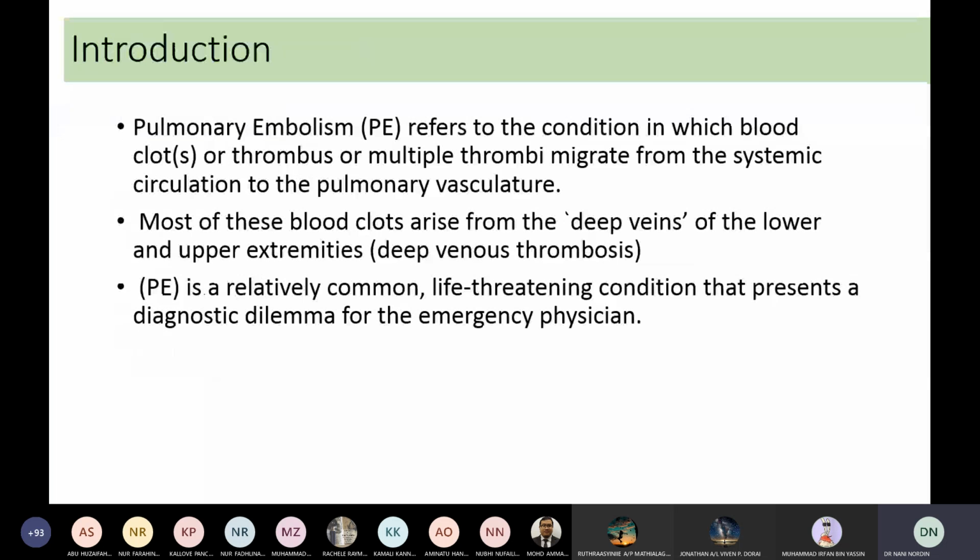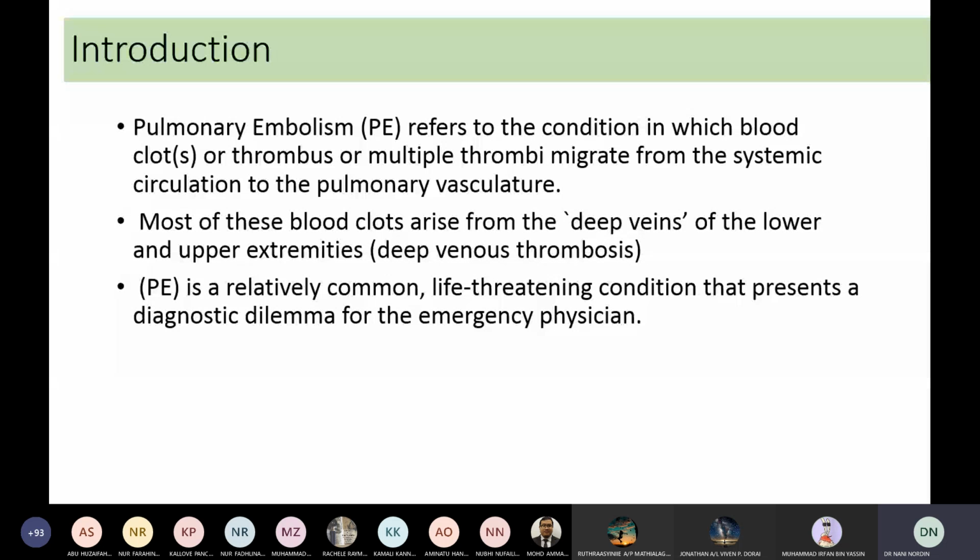So what is pulmonary embolism? I think in general pathology, we talk a bit about pulmonary embolism when we talk about thrombosis. It is a condition where there are blood clots or thrombus, either a single thrombus or multiple thrombi, migrating from the systemic circulation.